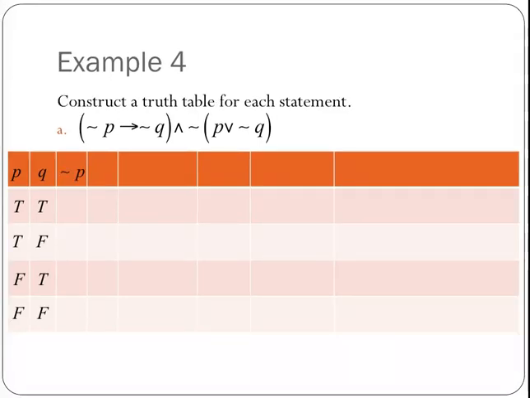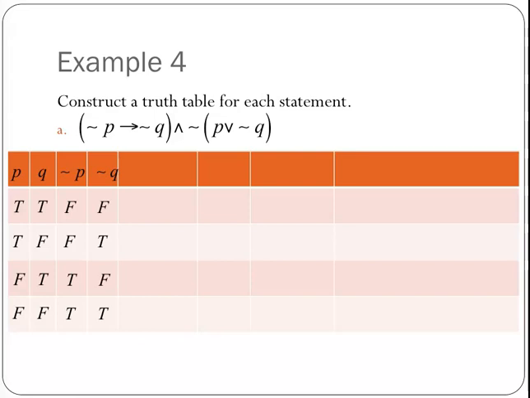We know that not P is just the opposite of P, so this is false, false, true, true. Now let's go to not Q. That's the opposite of Q, so false, true, false, true.